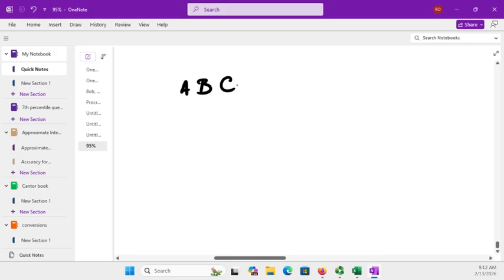If we have A, B, C, all possible combinations, there are three ways to choose the first one, which is A, or B, or C. There are three ways to choose the second one, and three ways to choose the third one.